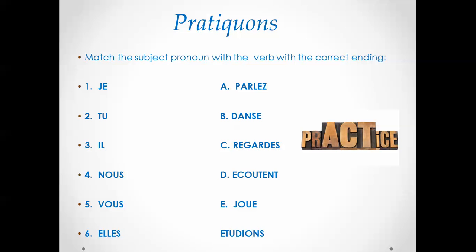Okay, so now I'm going to have you try this a little bit. This first column is the subject, and the second column is the verb. So what you're doing is looking for the verb that has the ending that matches the subject. Now with regular ER verbs, je and the il form have the same ending. They look the same.